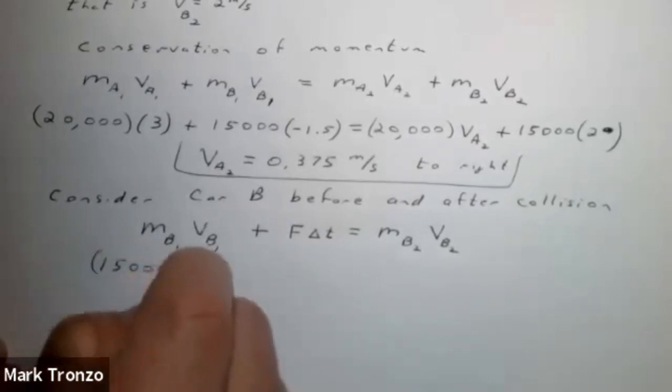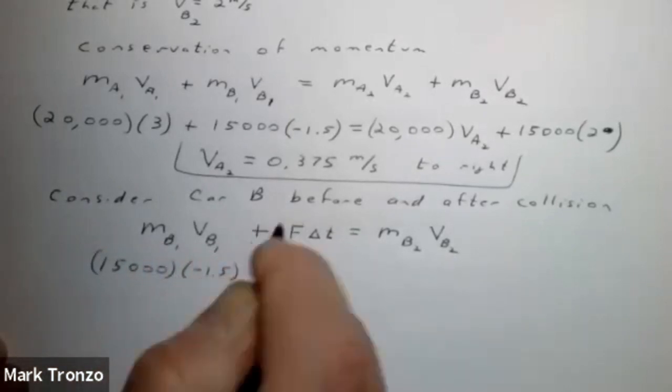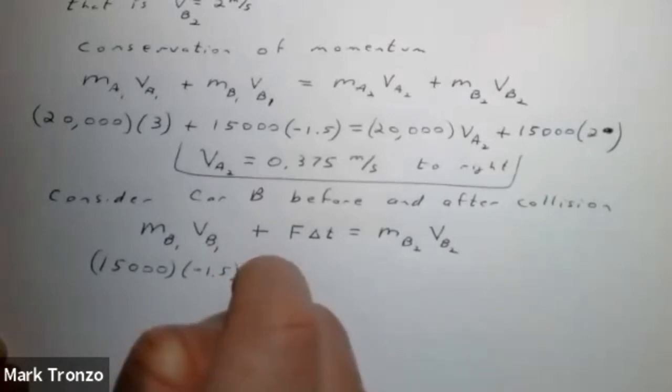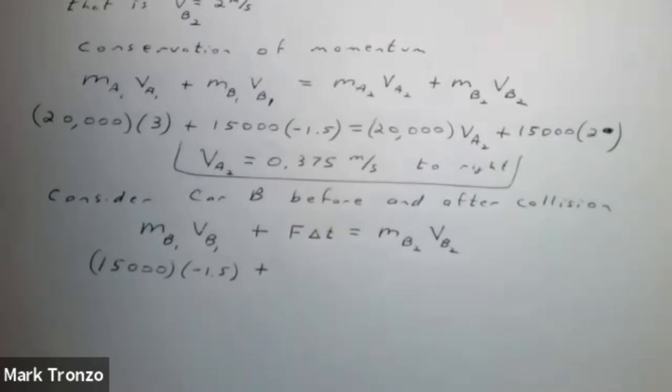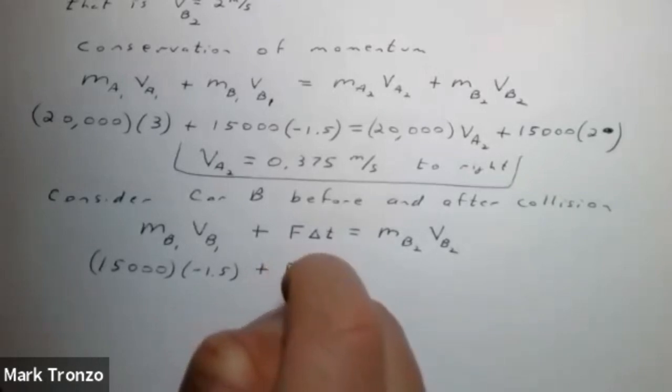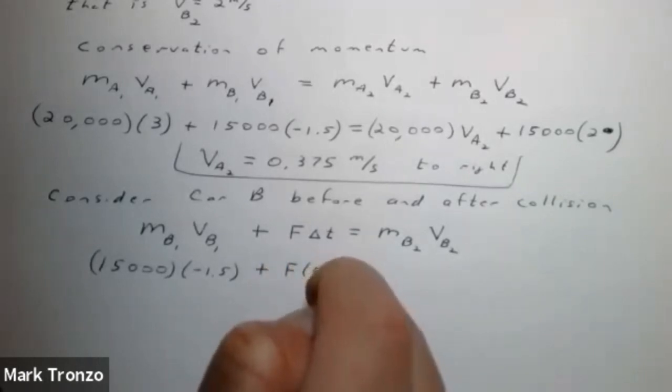And so we'll see what happened again before impact. It was moving at 1.5 meters per second to the left. And it tells us that they're in contact for 0.5 seconds. So that's how long the impulse would be, 0.5 seconds.